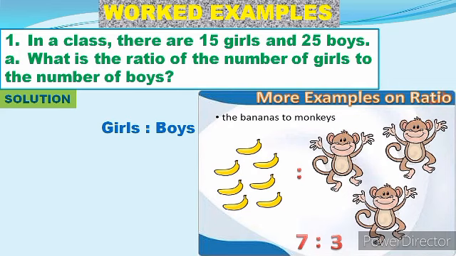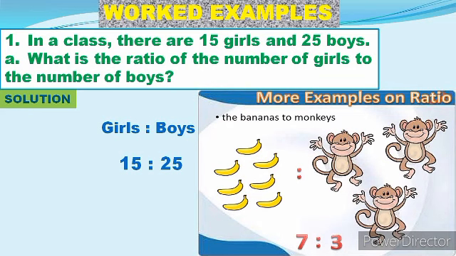Now the number of girls here is 15, while the number of boys is 25. So it becomes 15:25. Remember in mathematics we don't leave our answer in a big form. We have to simplify it or reduce it to the lowest form.